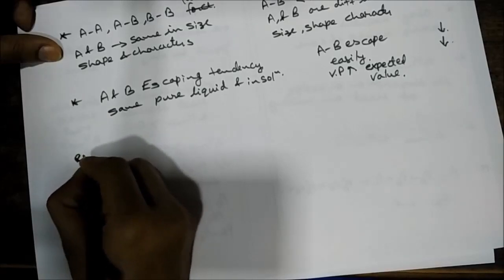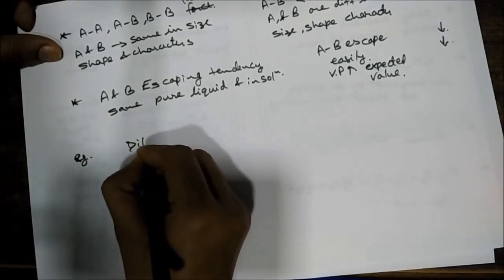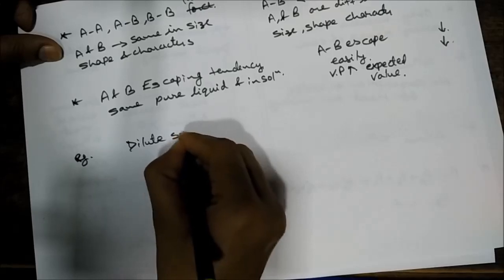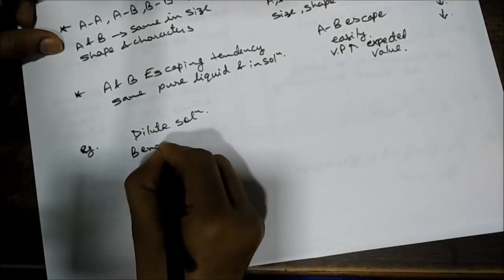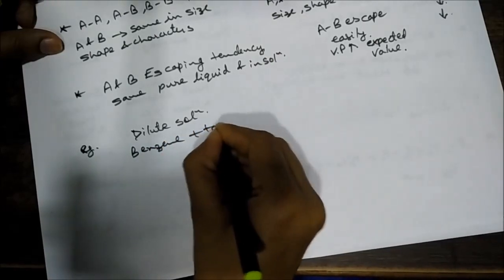Examples of ideal solutions are dilute solutions, all types of dilute solution. We can take the example of benzene plus toluene.